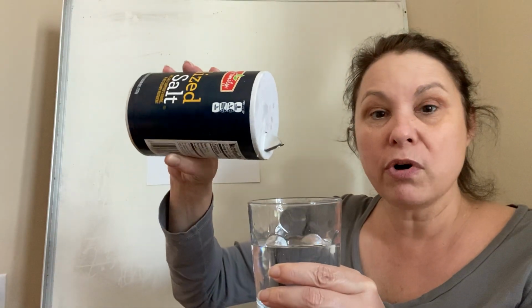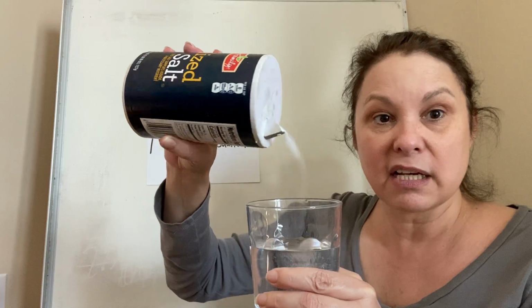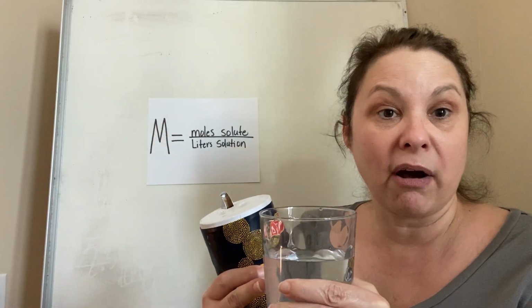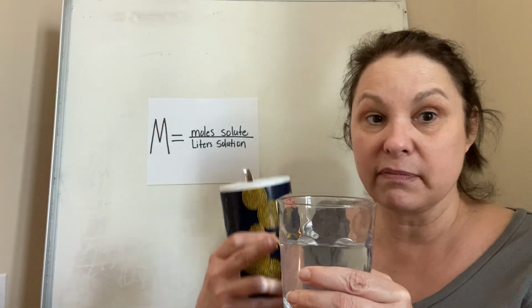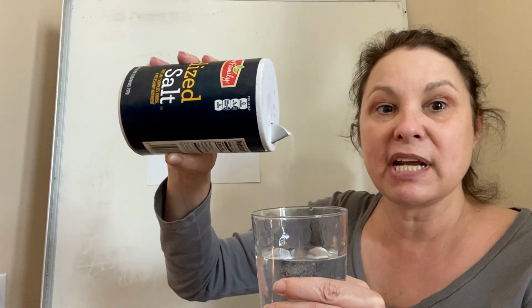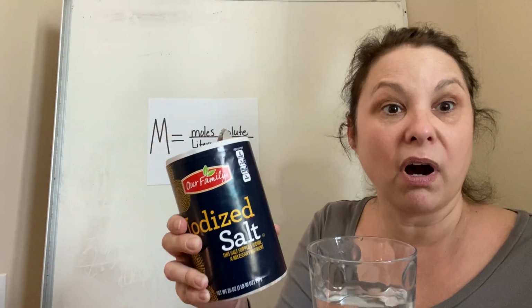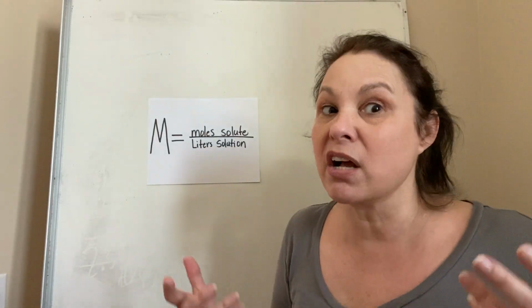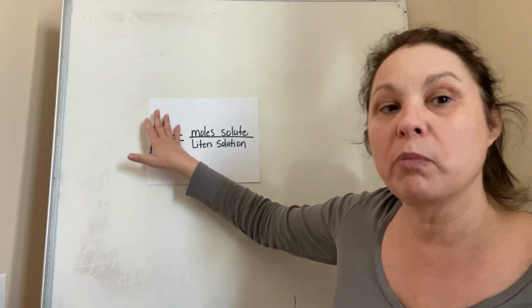However, the more salt I add, I'm making it more and more concentrated. I'm not changing the amount of the actual solvent. I'm just making it more concentrated by adding more and more of the solute. That increases its concentration, which we call molarity.